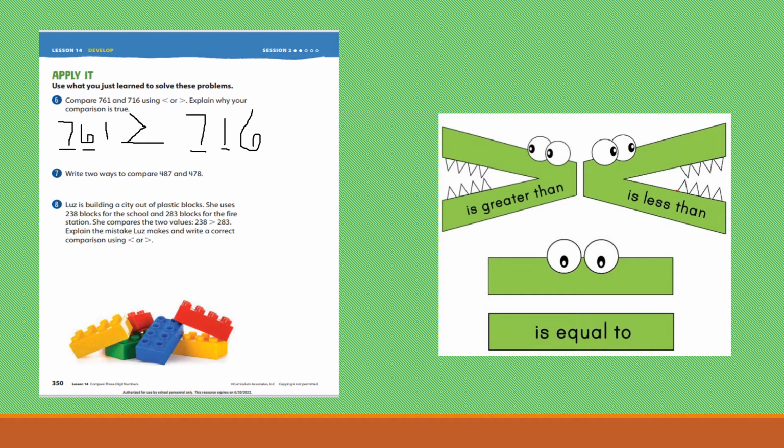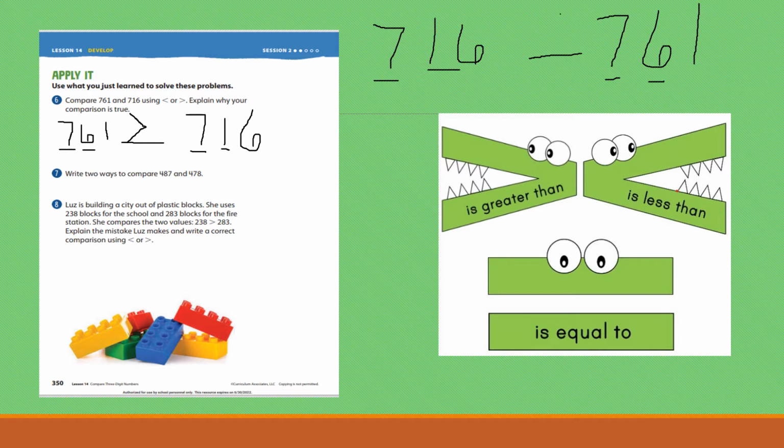Now, we can do this another way. We can put 716 first. I'll put that up here, and I'll leave myself a blank. And I can put 761. And again, I'm going to compare my hundreds. They're the same. I'm going to compare my tens, 1 ten and 6 tens. 6 tens is greater than 1 ten.